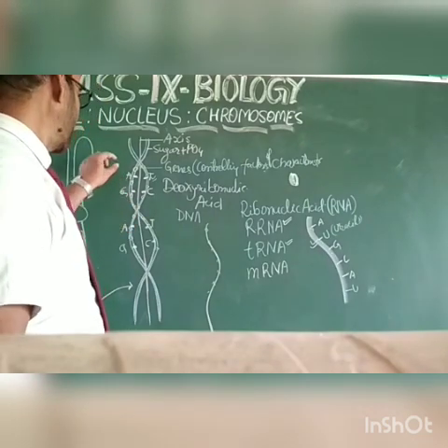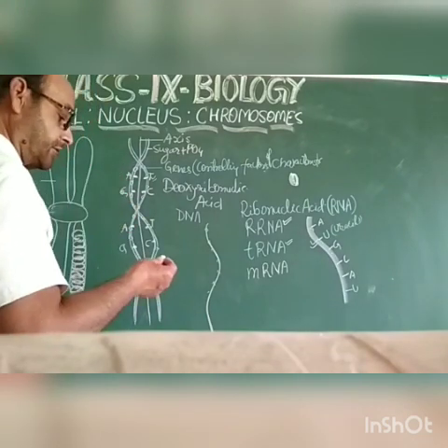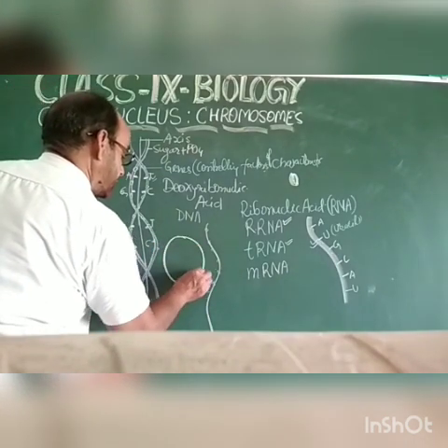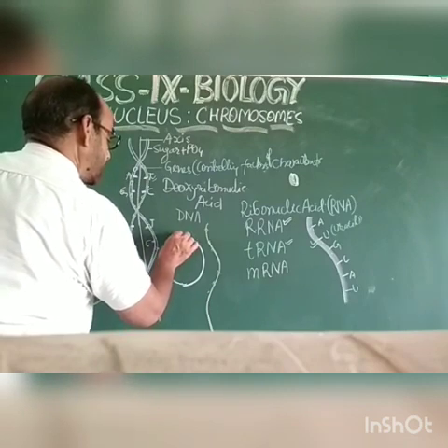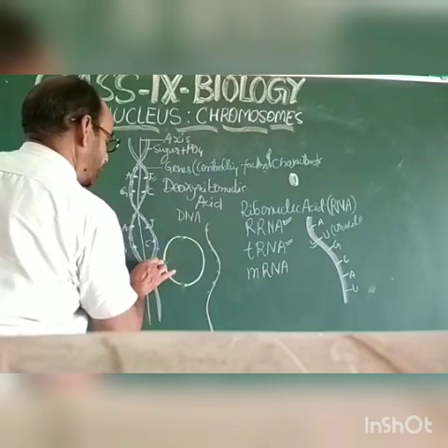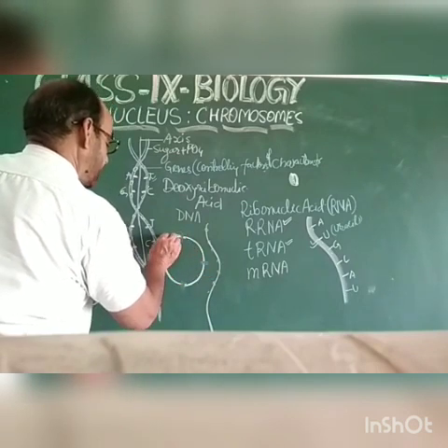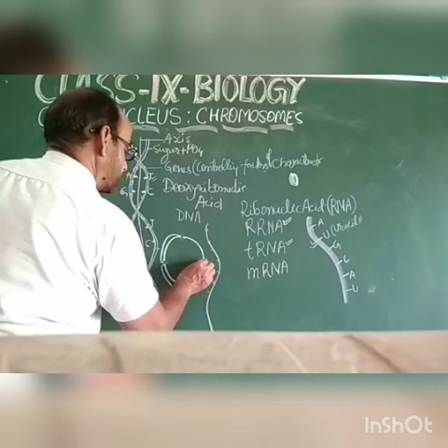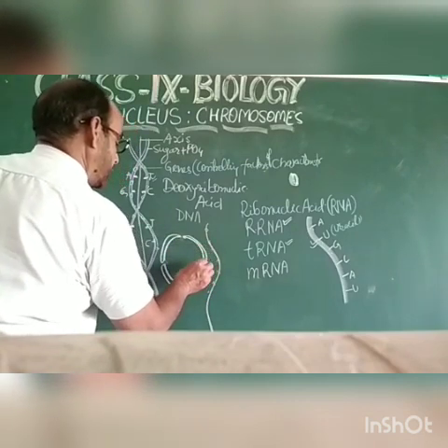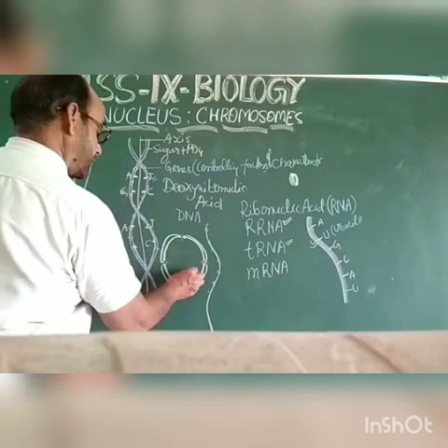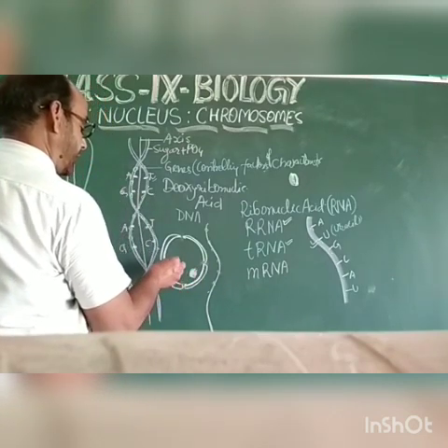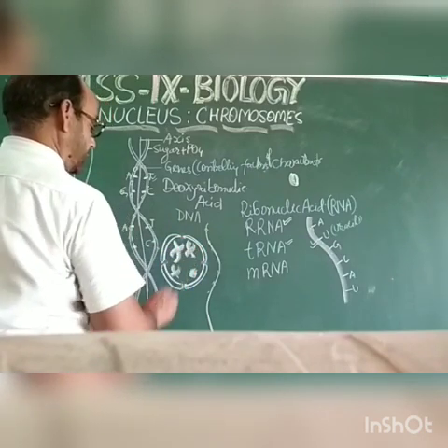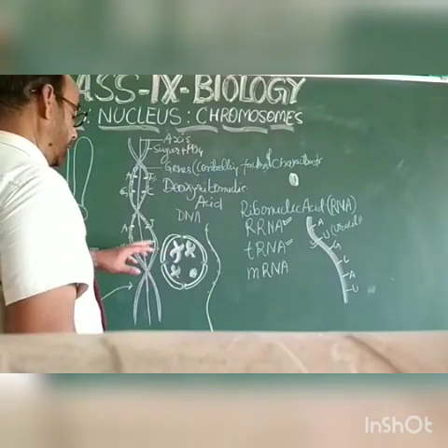Suppose this is the nucleus, so this nucleus has the nuclear core, and this is the nuclear membrane, and in this nucleus the nucleolus is there, and there are these chromosomes.